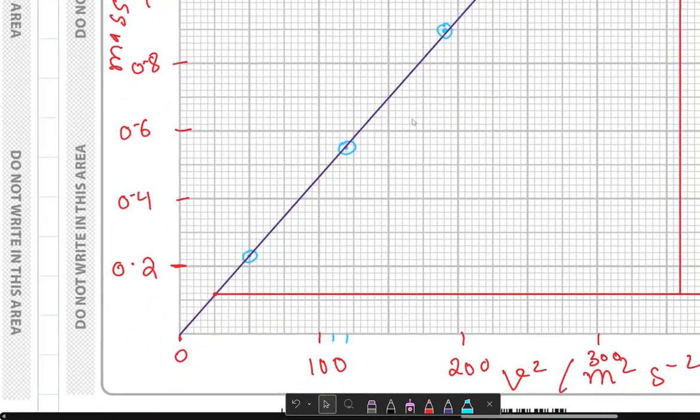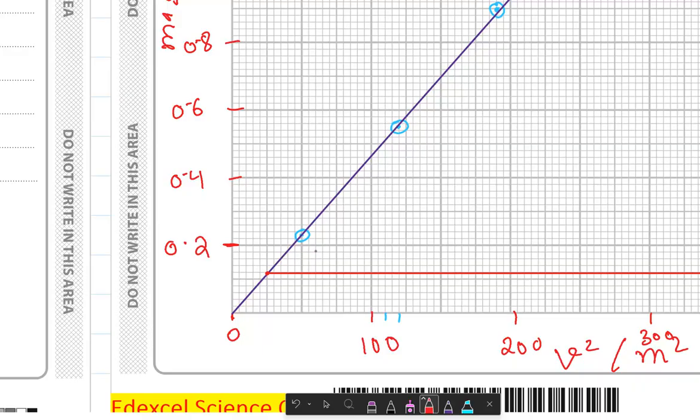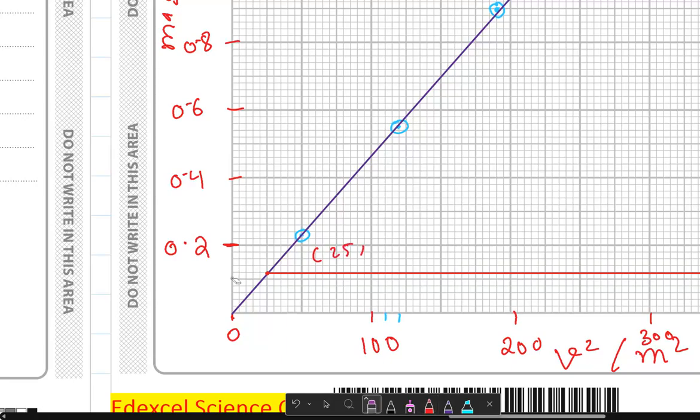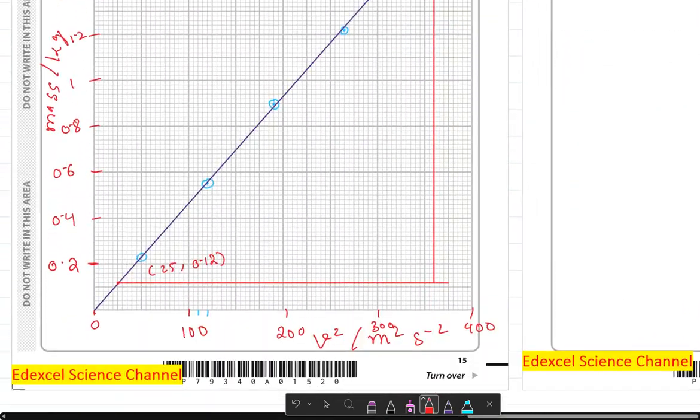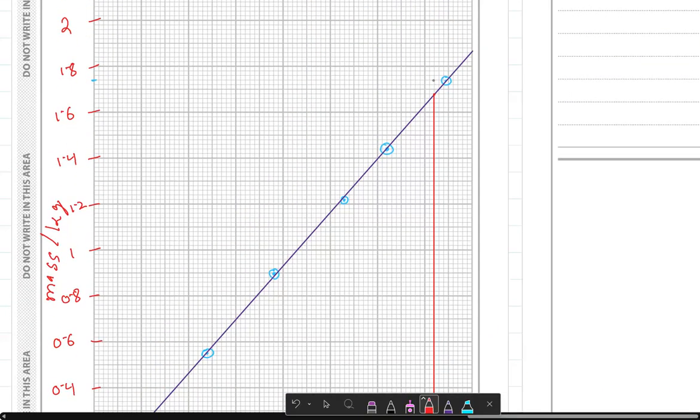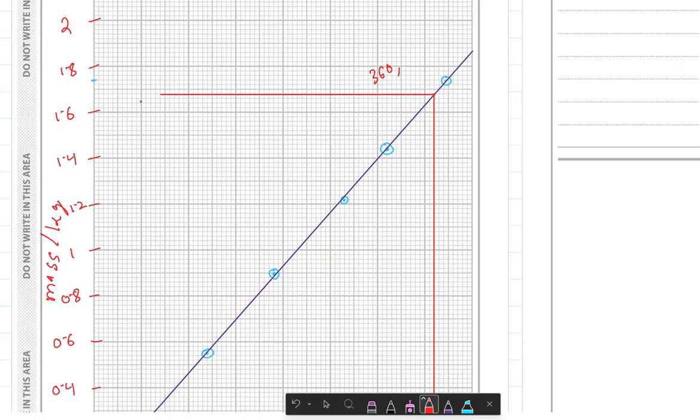Now I'm going to write down the coordinates of these points. So if this is 50, then this is going to be 25, and this is going to be 0.12. Okay. This one over here is 350, so this is 360. And my Y value is 1.68.